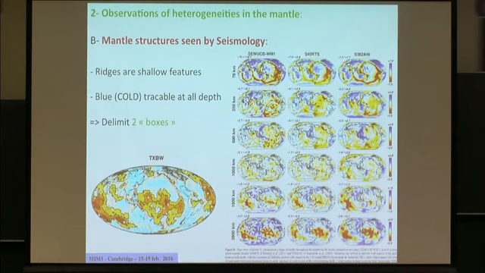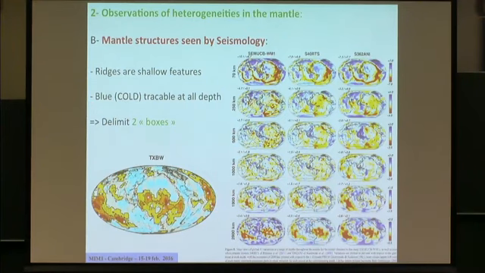And you can see on all the tomographic models that the ridges are shallow features, so you got them in the top part, but then they disappear. We have some blue material. Blue is fast S-wave speed, so it can be interpreted as cold.